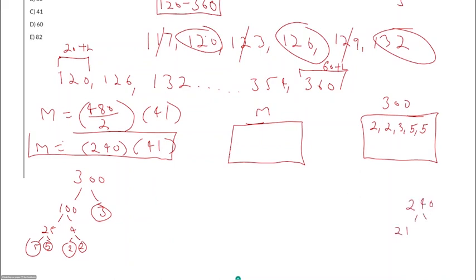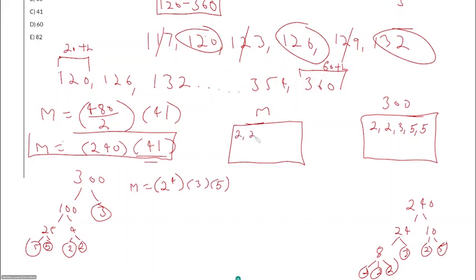So 24 times 10, times 5, 3 2s. We can really write m as 4 2s total, 2 to the 4th, 3 times 5. And then don't forget about the 41 here. So 4 2s, 3, 5, 41 is our m.